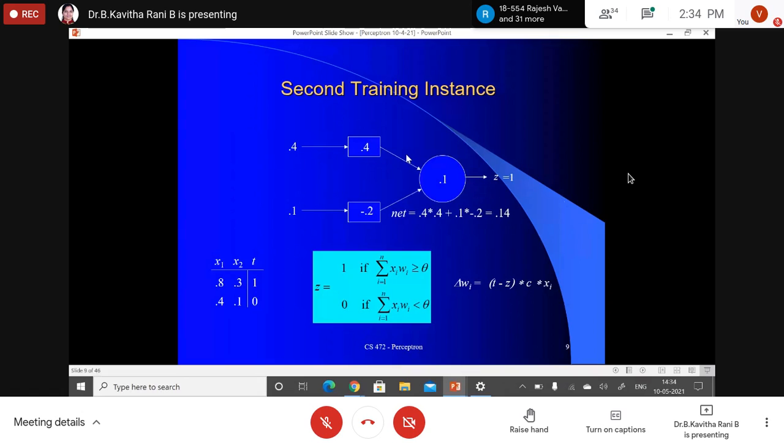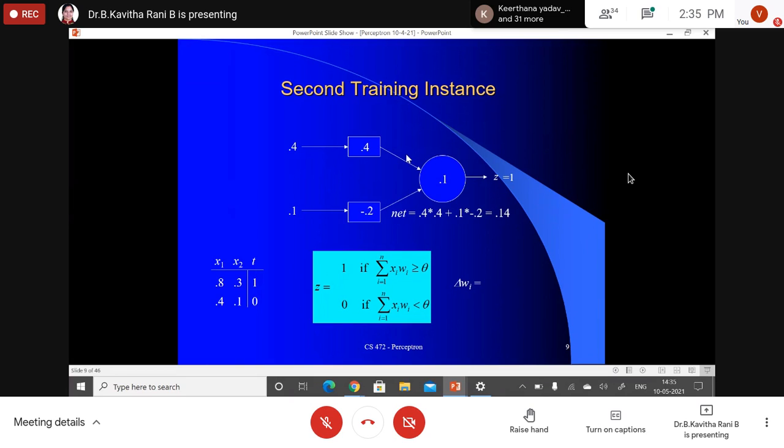This is done by using delta Wi. This is nothing but the perceptron training rule. Here you can see delta. We have got some error. To reduce this error, we use delta Wi.